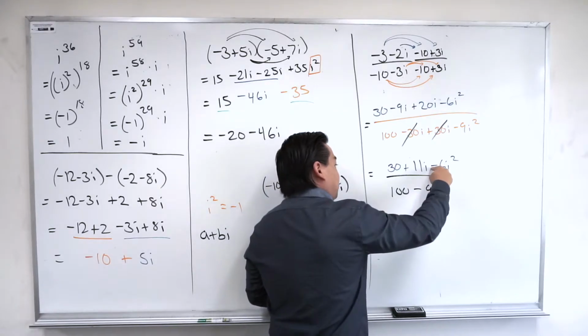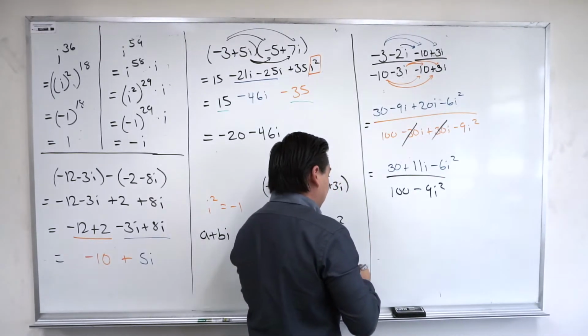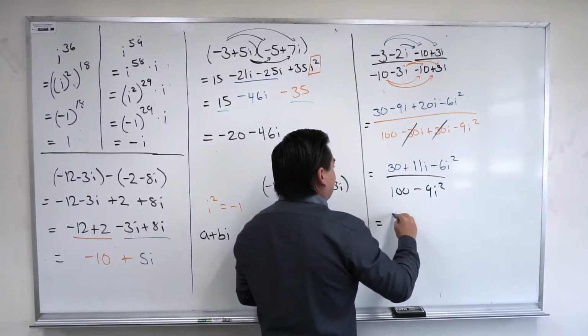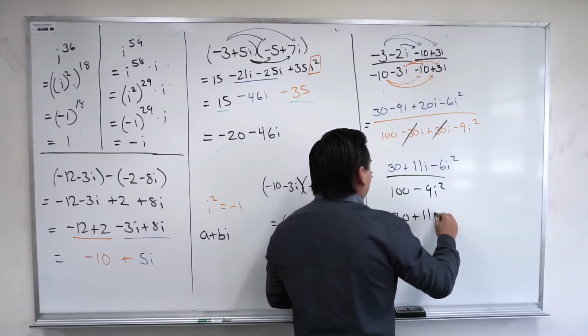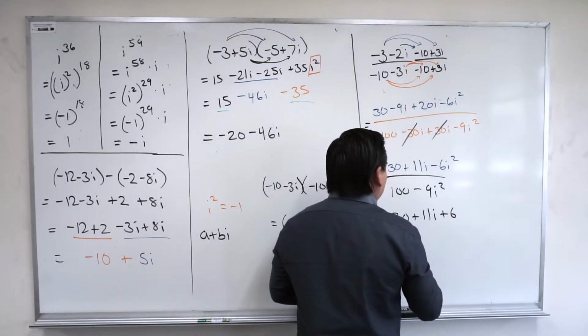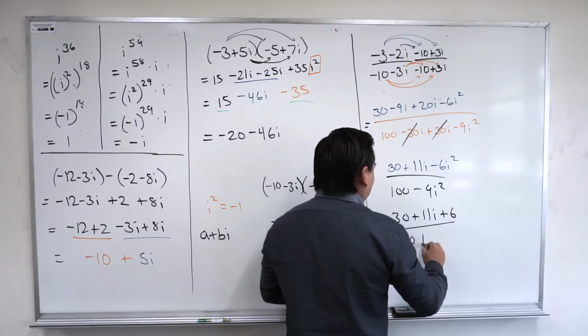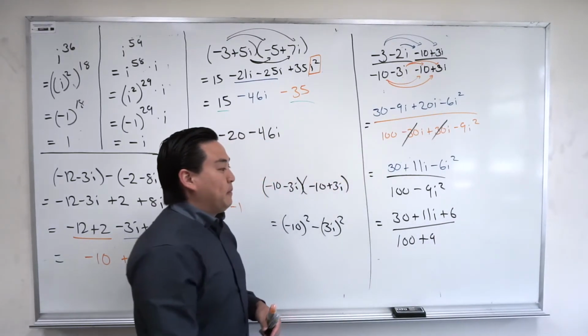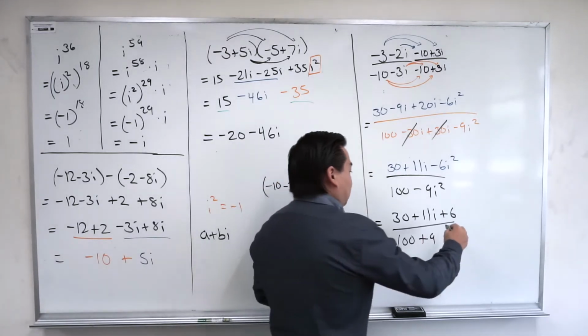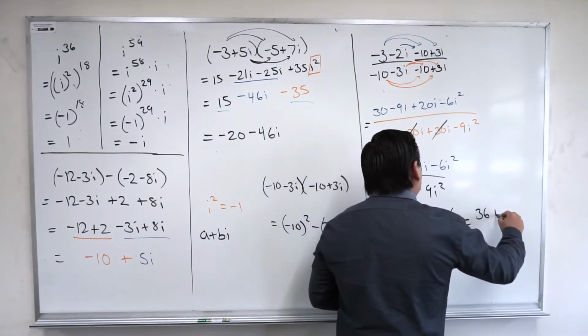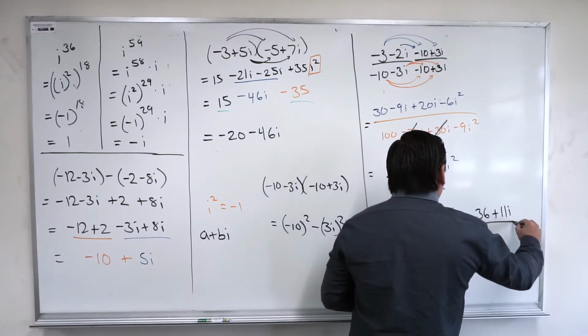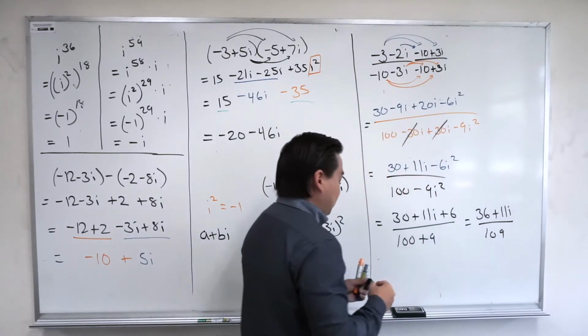So both of these would change the signs which is attached to their constants. So this is 30 plus 11i plus 6 all over 100 plus 9. Okay. Simplify that as 36 plus 11i, all divided by 109.